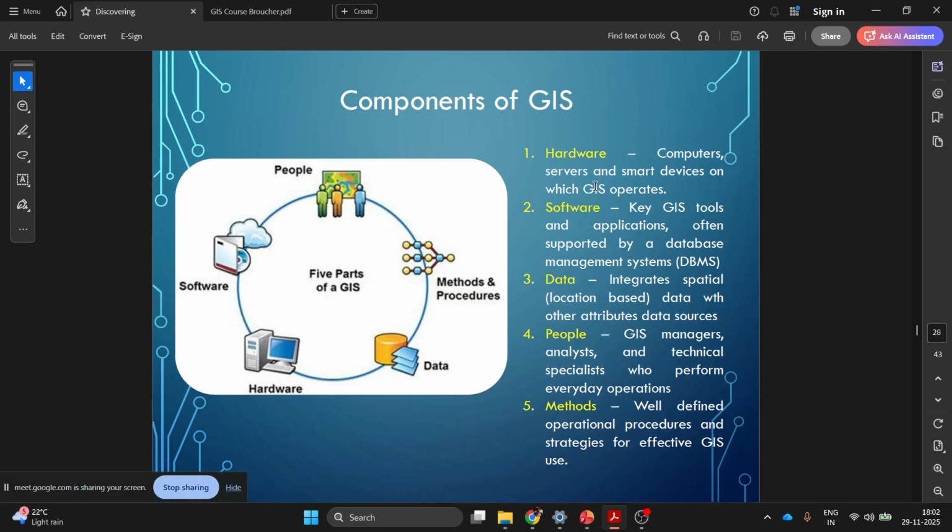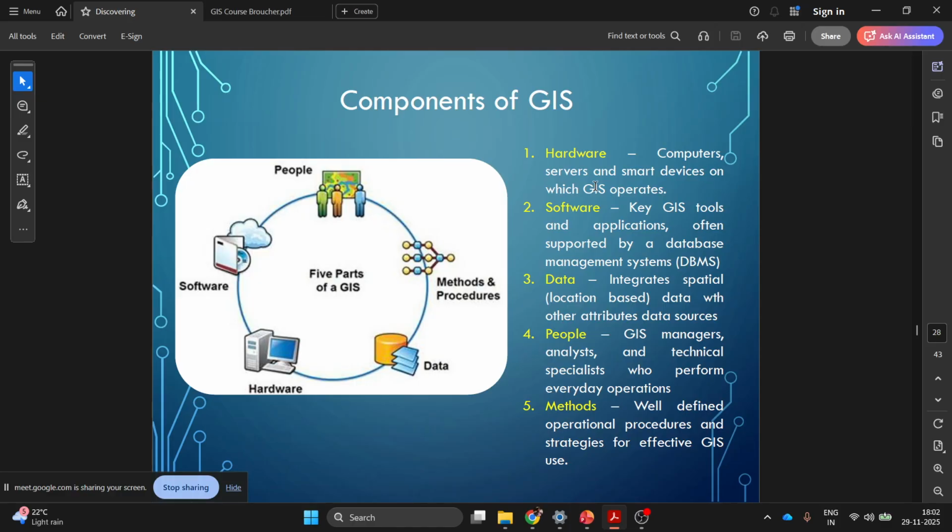In order to get the same data and the same information, we need particular methods associated with a particular industry. That is called well-defined operational procedures. For example, standard operating procedures are given by different industries, right? These methods are needed for proper analysis, proper understanding, and proper retrieval of data. So methods are also a very important aspect of GIS.